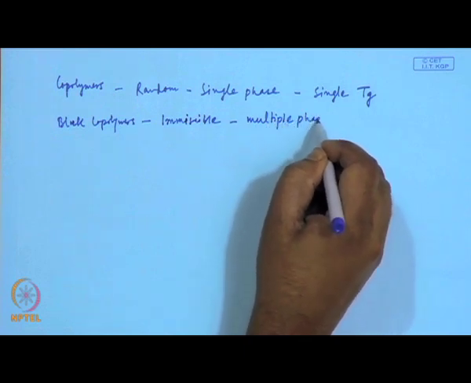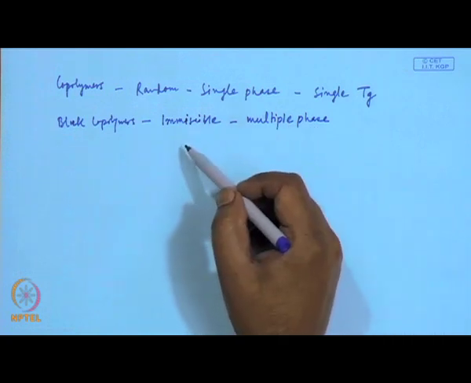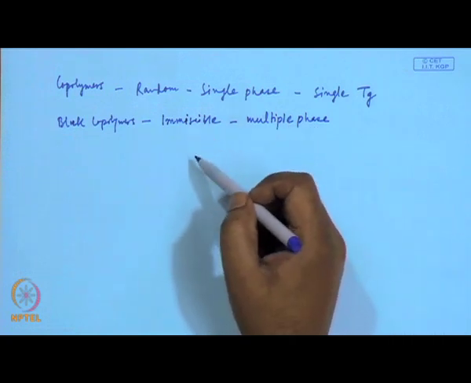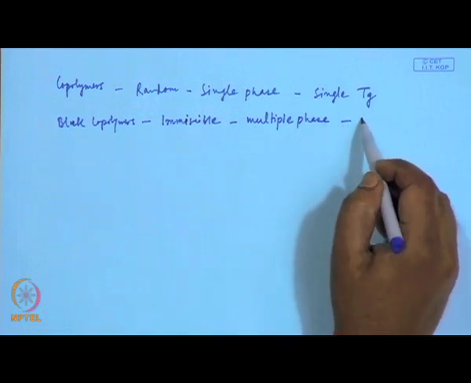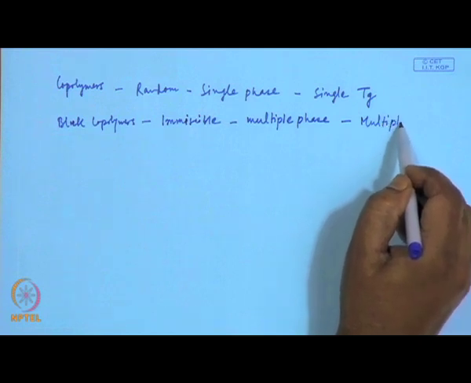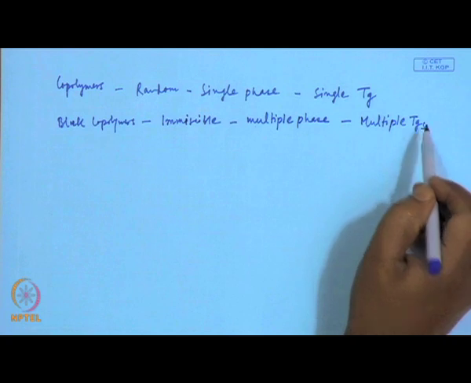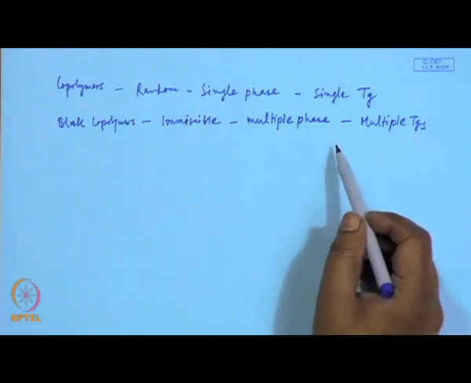For example, if we are talking about two blocks that are not miscible with each other, then we have two phases, and then we have multiple Tg's. Each Tg represents the Tg for the corresponding homopolymer.